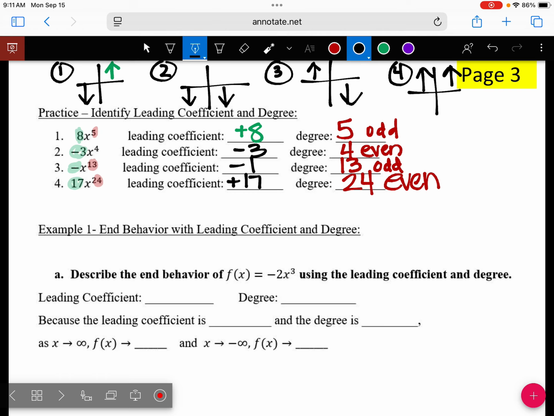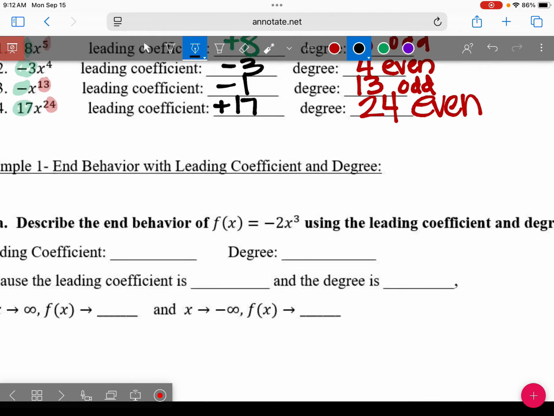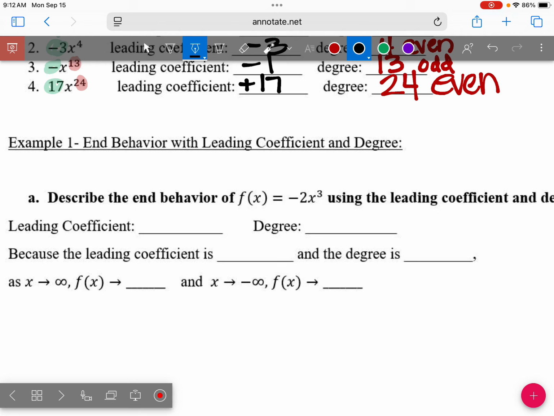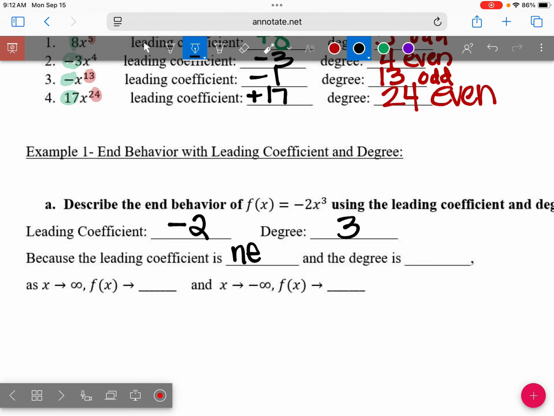All right, so we got a few fill in the blanks. So A says, describe the end behavior of -2x to the power of 3. So my leading coefficient is -2. My degree is 3. Because the leading coefficient is negative and the degree is 3, odd or even?